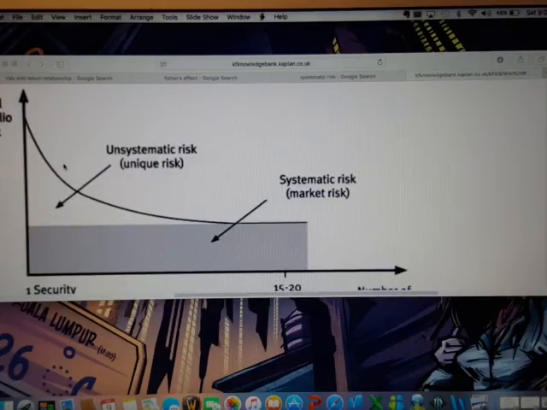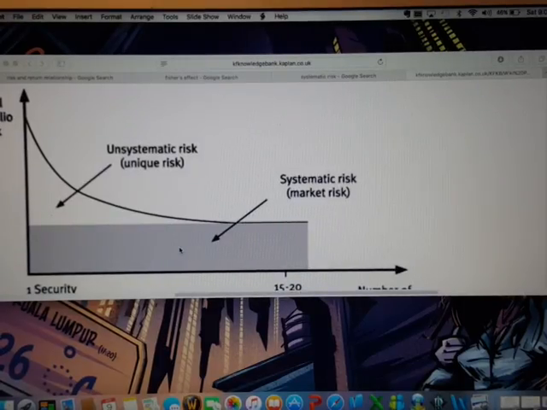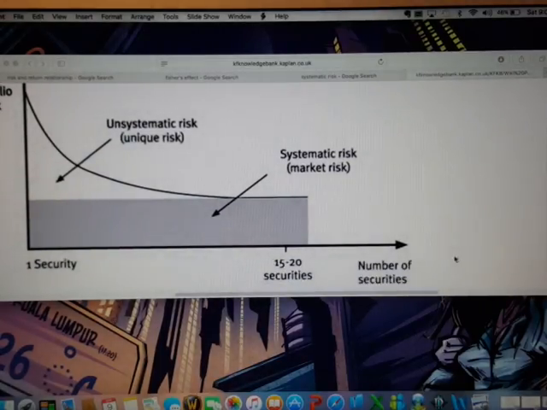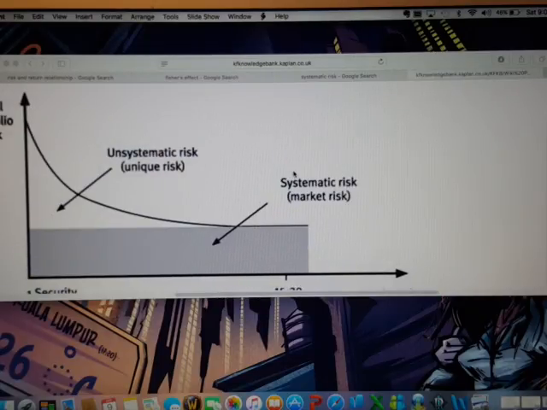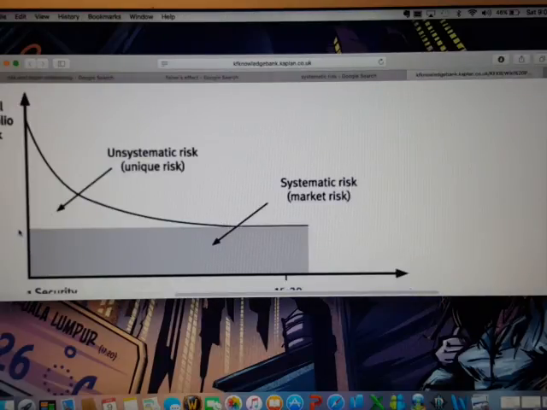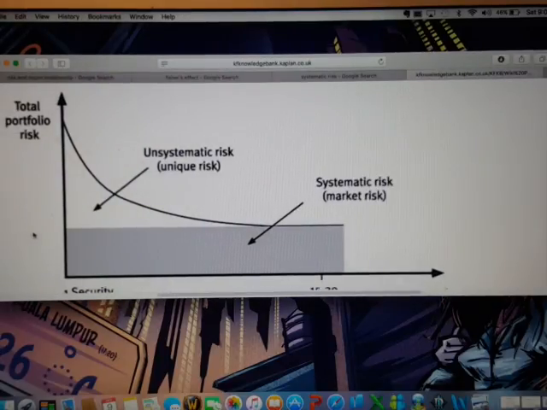You will see that the risk will drop, especially if they are from different industries. But when we have a systematic risk or market risk, this risk cannot be diversified away. So in most investments, let's go back to the diagram. You can see that this is the number of securities, and this is the total portfolio risk. Okay, let's go to the slide.